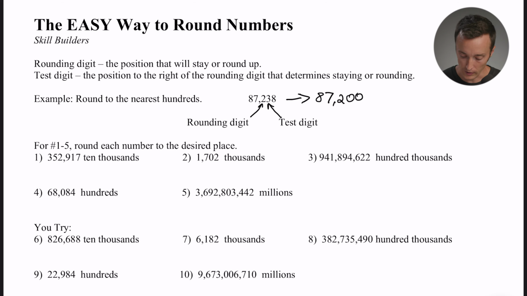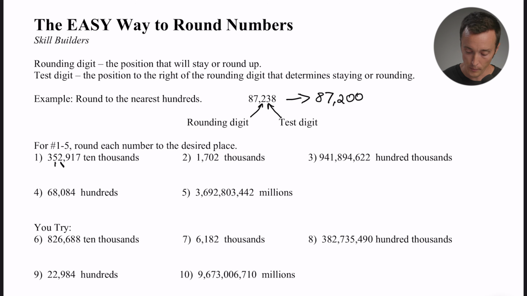Let's take a look at a couple examples here. For number 1 through 5, it says round each number to the desired place. So 352,917, and they want it to the 10,000s place. So the 10,000s place, let's identify that first. That's right here at the 5. And that 5 is either going to stay a 5 or round up to 6.